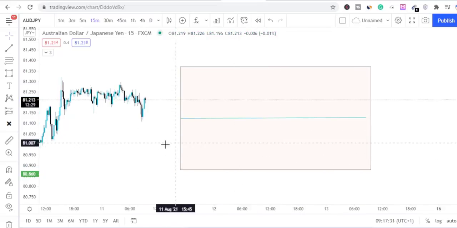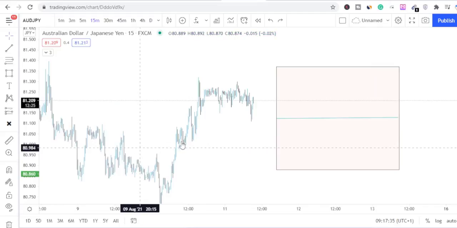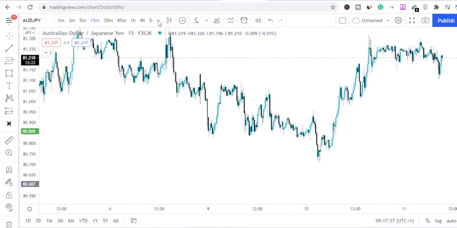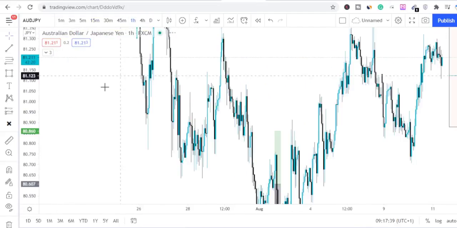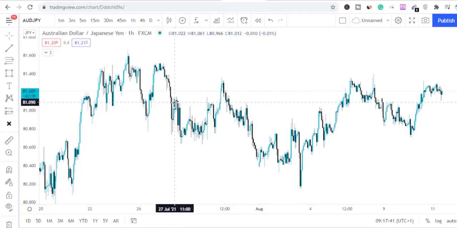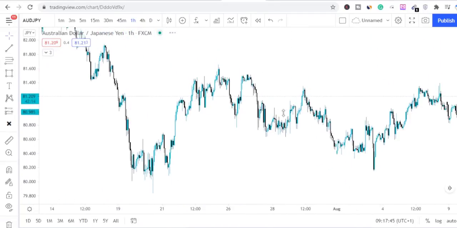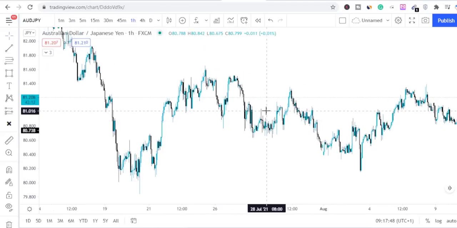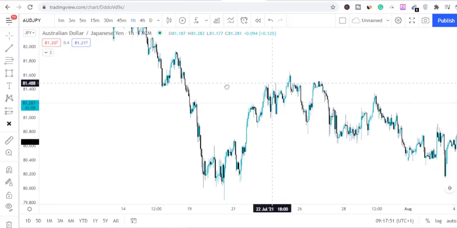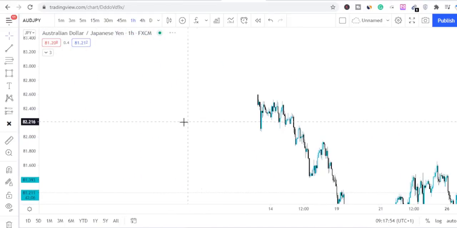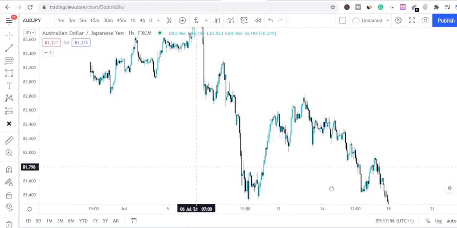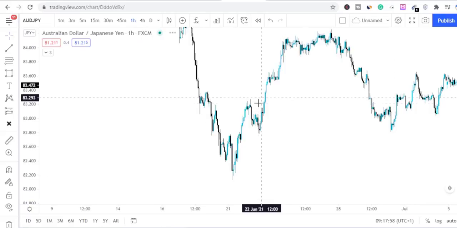All right, so let's go to the chart now that you've understood what the discount level is. Now, for instance, on the higher time frame, you must first of all know what price is doing on the higher time frame. I'll need to look for a good example just to show you.